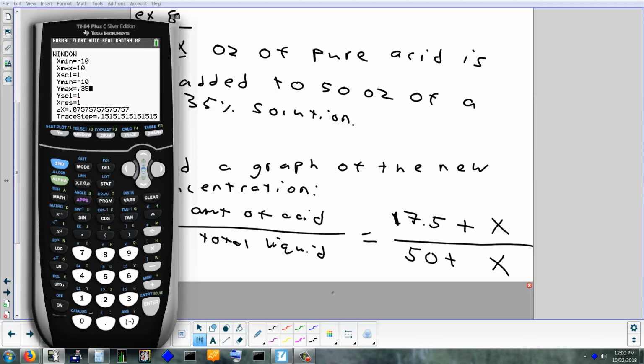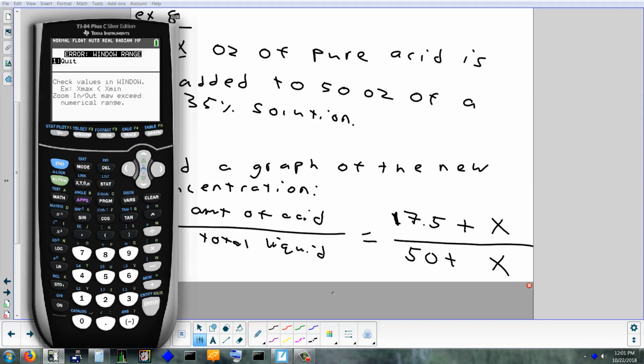What's the highest your concentration could ever get? I don't think you can get 100 because part of it's not acid, right? No matter how much pure acid you add into something that didn't start out pure, that impure stuff is still going to be in there, so it'll never get above 100. X is how many ounces we're adding. I'm not going to add negative. And X max is how much acid we have to add.